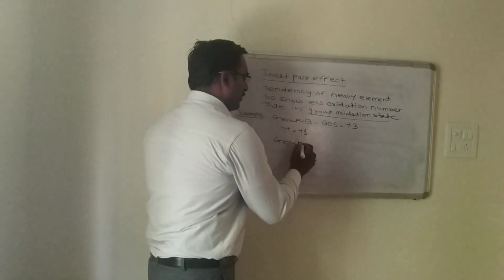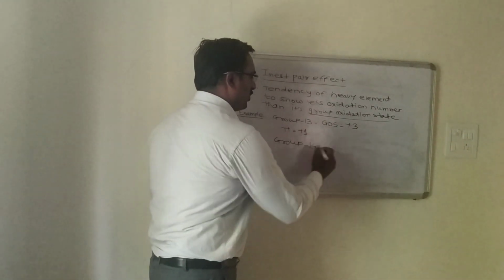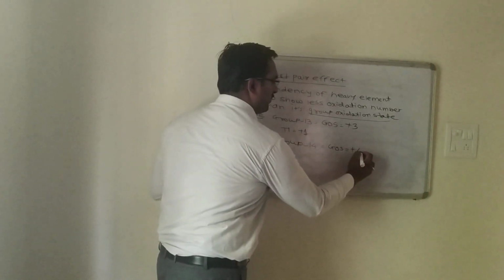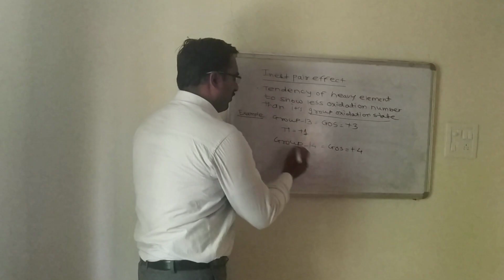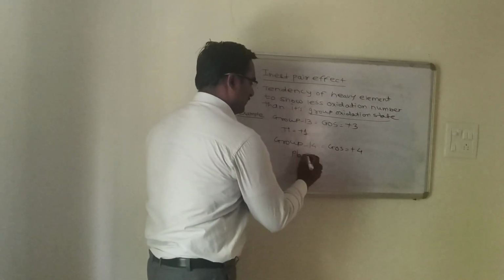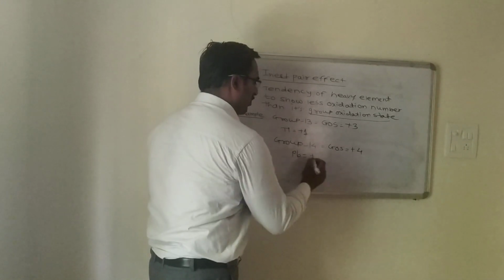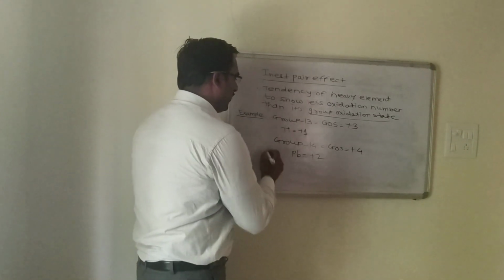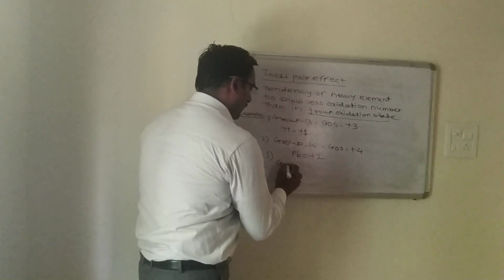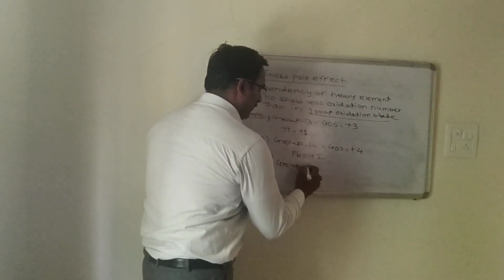We have group 14. Group oxidation state is +4. We have a heavier element from group 14, that is lead, and the oxidation state of lead is +2. Again we have an example, group 15.